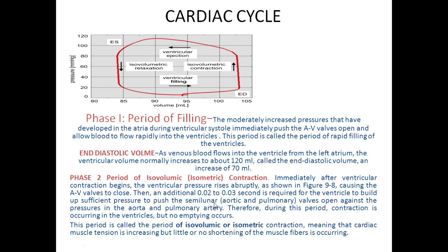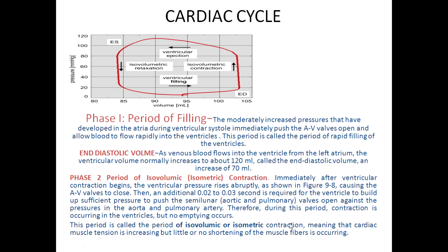Then an additional 0.02 to 0.03 second is required for the ventricle to build up sufficient pressure to push the semilunar aortic or pulmonary valves open against the pressure in the aorta and pulmonary artery. Therefore, during this period, contraction is occurring in the ventricles, but no emptying occurs.